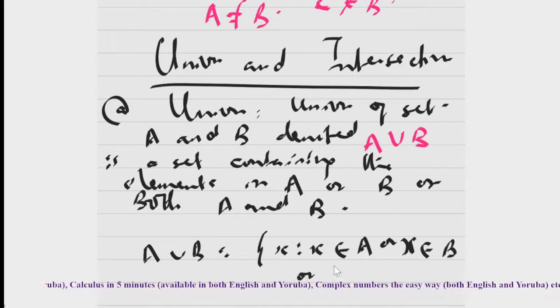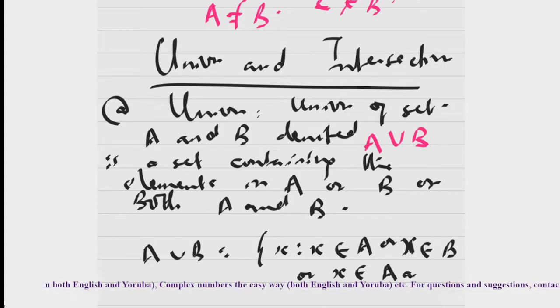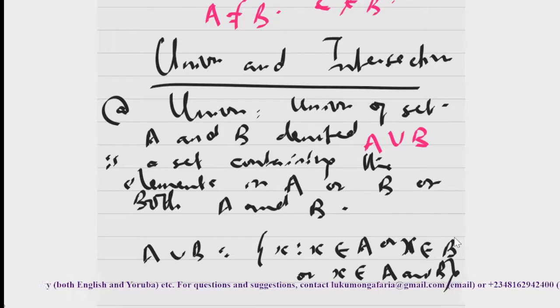When you get to a higher level, this is how you are going to write it. Or S is in both A and B. You understand that? Let me give you an example to back it up.